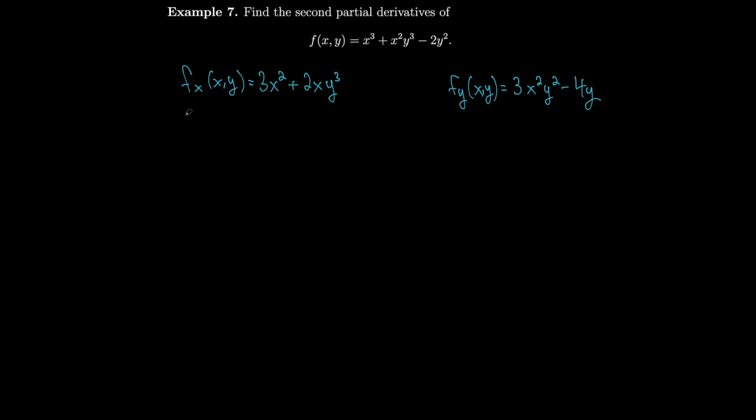Okay, let's take the second partial with respect to x, for example. So that'll be the partial with respect to x of 3x squared plus 2xy cubed, which, well, that's just 6x. And over here, this is our variable, so we just have 2y cubed.